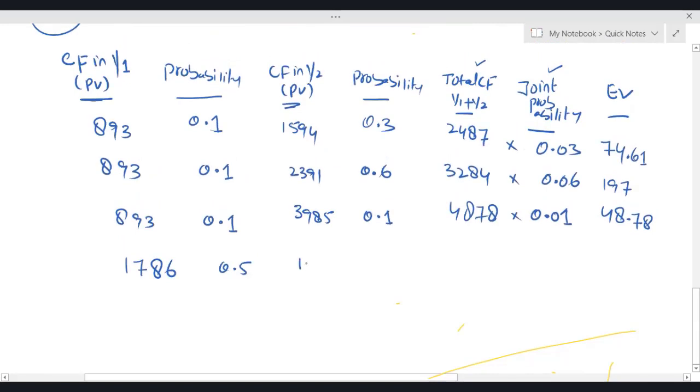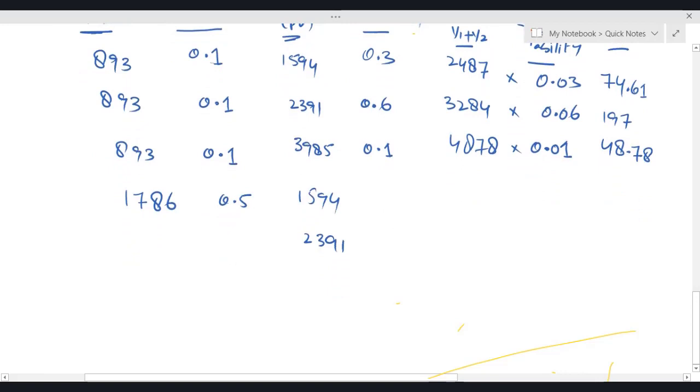In the second year there could be 1594, 2391, 3985 with their respective probabilities 0.3, 0.6, 0.1.